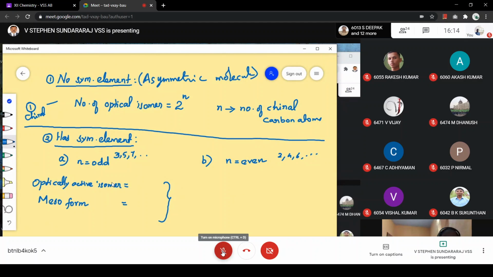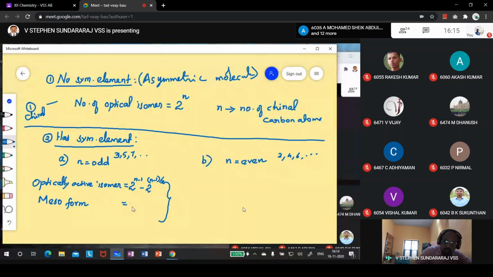The formula is 2 to the power n minus 1, minus 2 to the power (n minus 1) by 2. If you want to remember it, you study it; otherwise it is just additional information, not for CBSE. And the mesoform is 2 to the power (n minus 1) by 2. This is for odd.